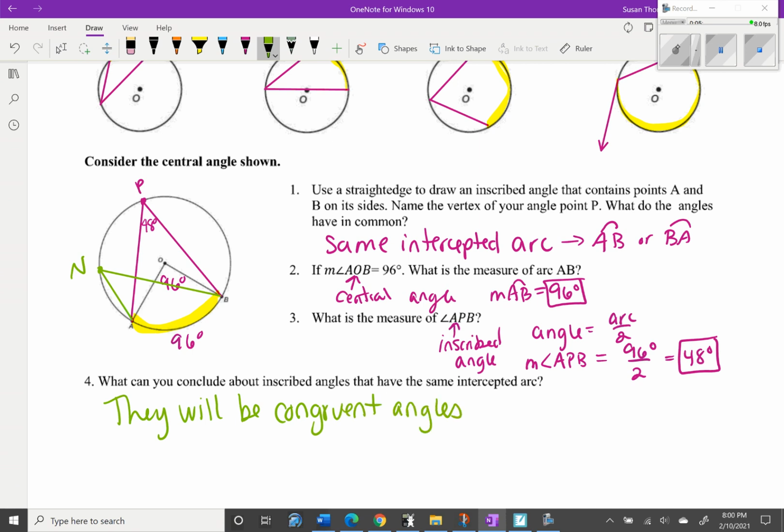So that means that angle P is congruent to angle N in this case. So that means this is also 48 degrees. And no matter where I put that point, as long as it's an inscribed angle with that same arc, they will always be congruent. So I could, of course, have drawn a point on this other side over here.